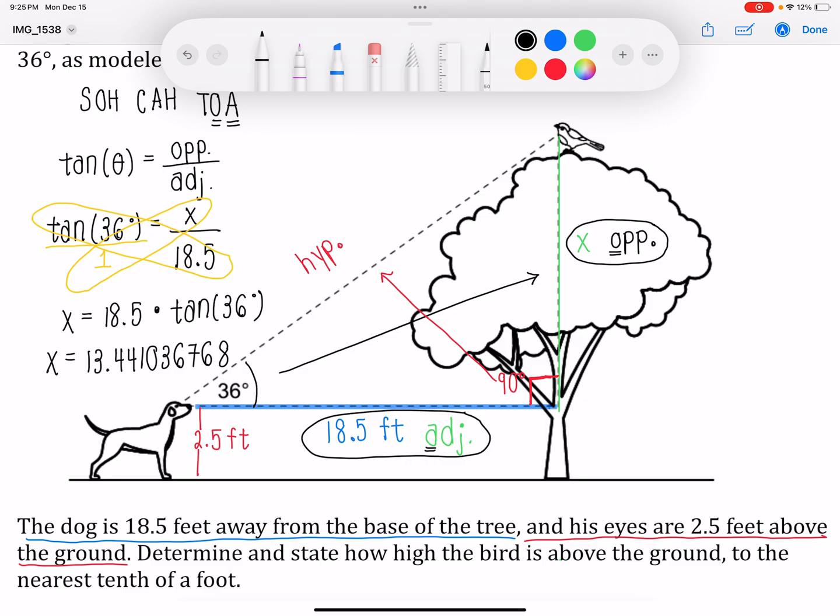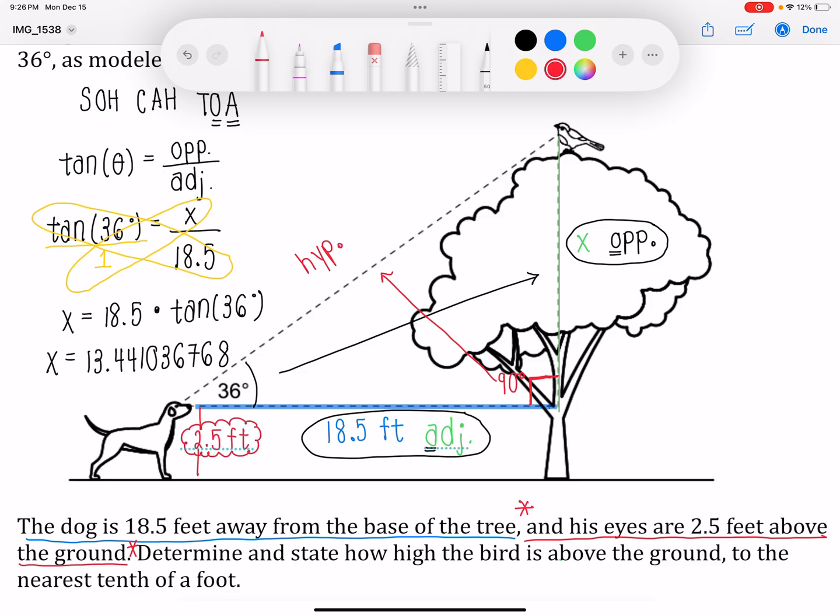However, we need to now add this part here, which was how high the dog's eyes are above the ground. And in the problem, they told us that was 2.5 feet above the ground.